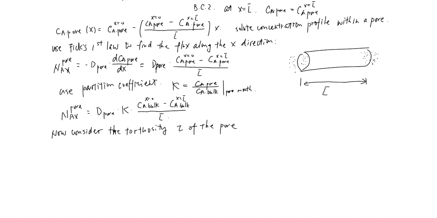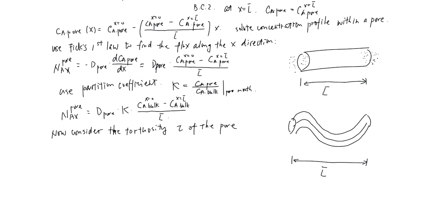But sometimes you may have a pore which is a little bit wiggled. This is length L bar, but the true length of the pore is longer than L bar.